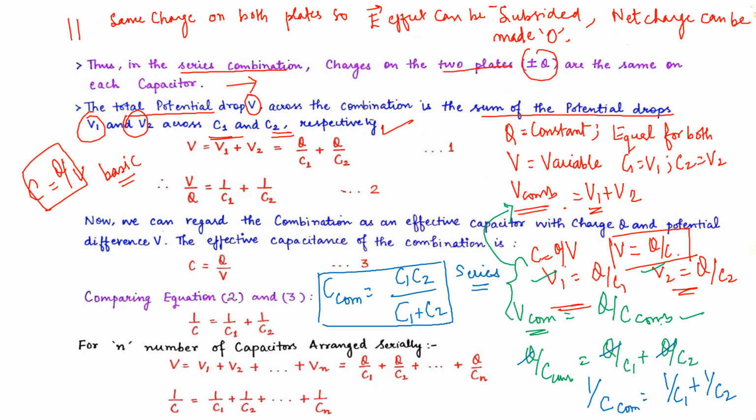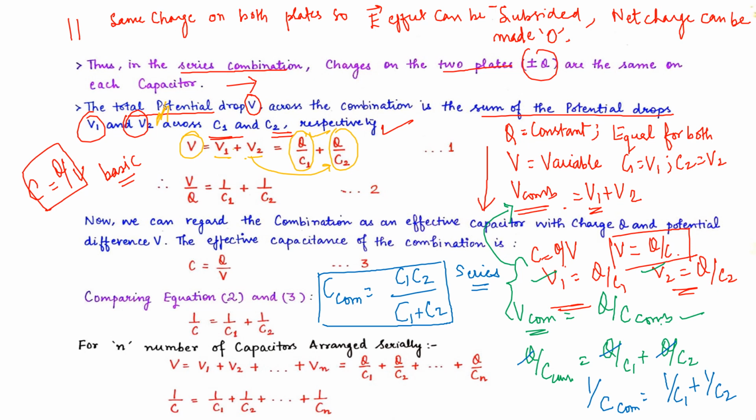I'll just read up my derivation, the note derivation here. Now it is time for us to understand what is written on it. V equals V1 plus V2. V1's value is Q upon C1 and V2's value is Q upon C2.